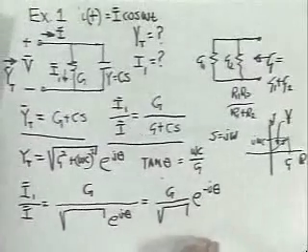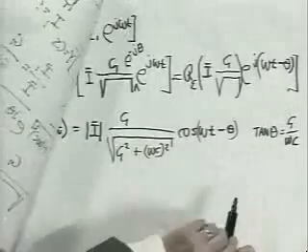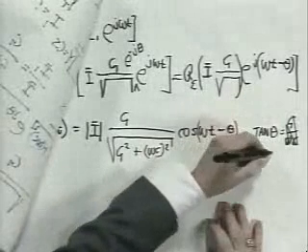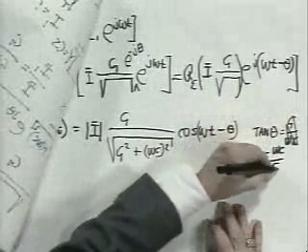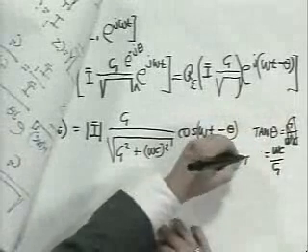Yes. No, I got it wrong. It's the imaginary part, omega C, divided by the real part G. It's just tan theta.